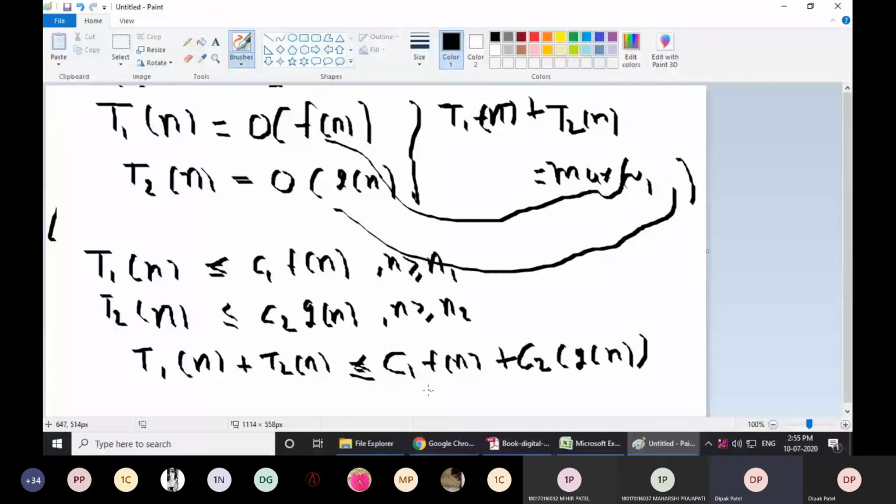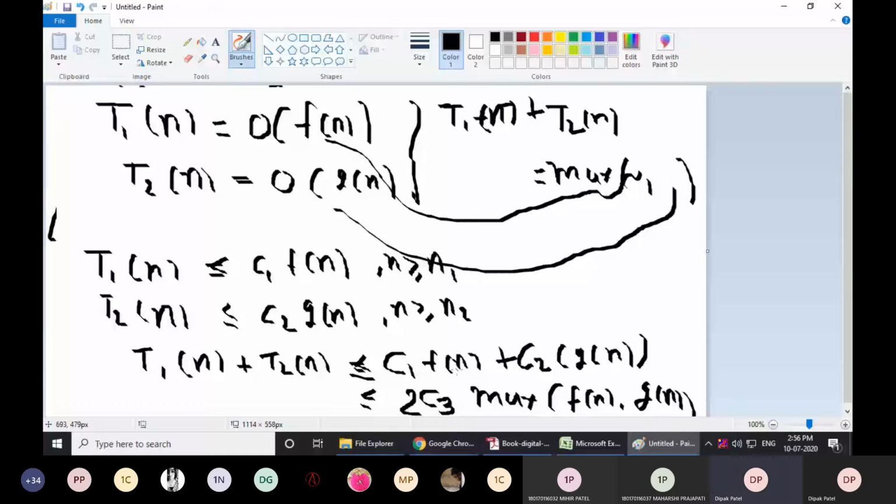So instead of this C1 and C2, if I select max of C1 and C2, that is C3, and if I double it, then obviously this part is greater than this, and I'm taking max of these two functions, max of f(n) and g(n).